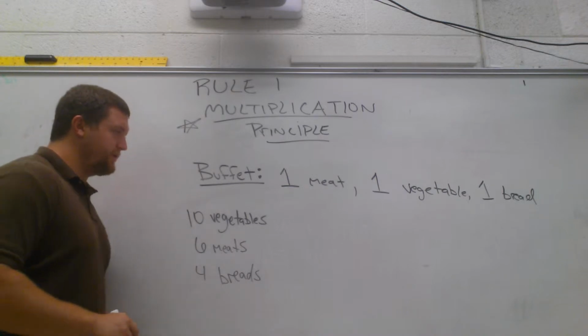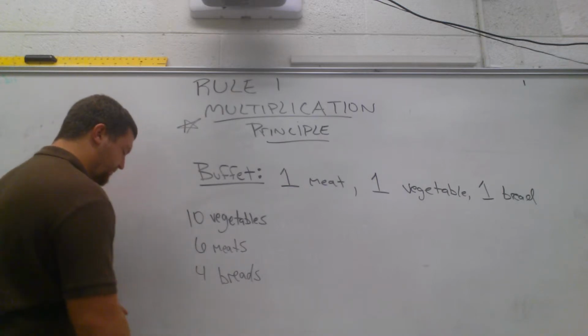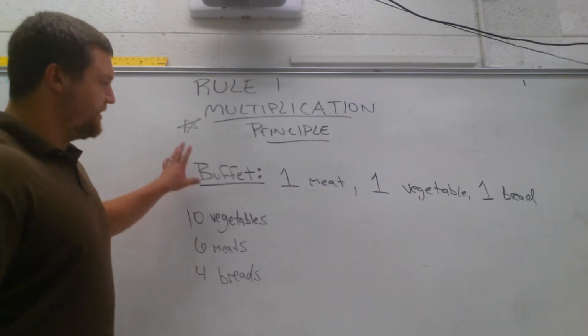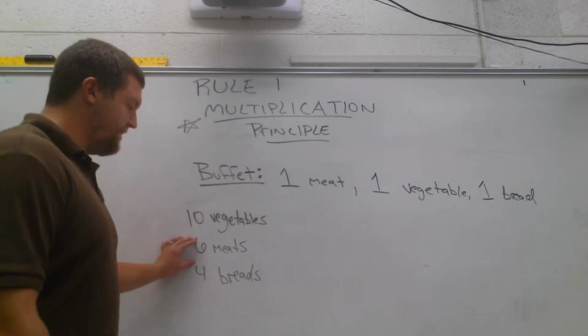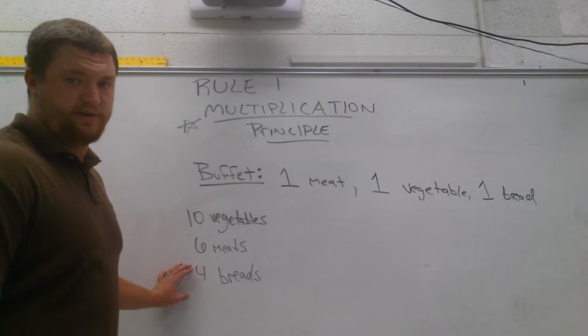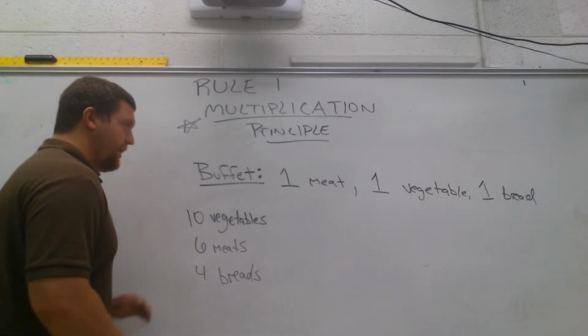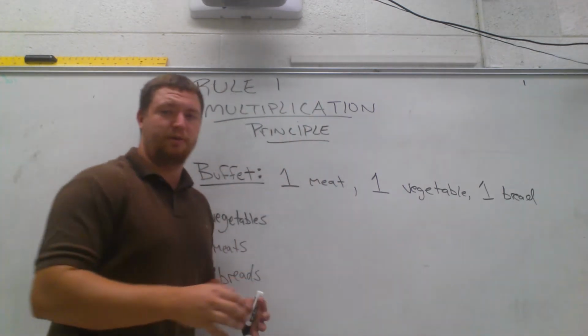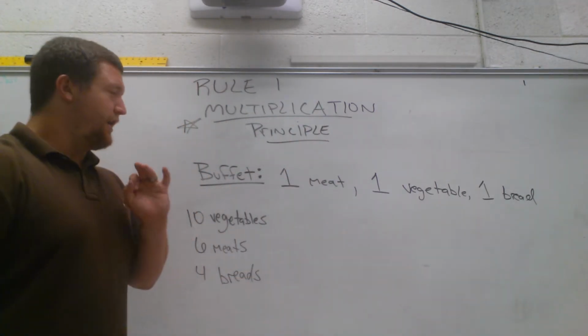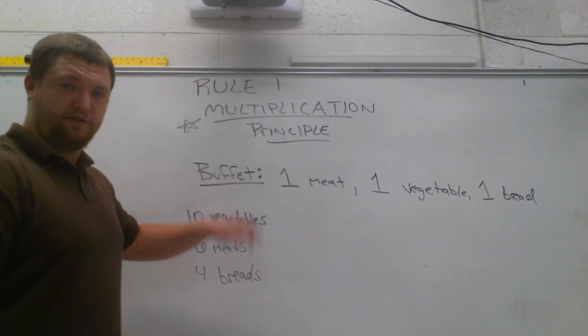These are options, right? I have 10 vegetable options, 6 meat options, and 4 bread options. But altogether I want one of each. So how many things will I have on my plate? 3. Of those 3, I have different options.